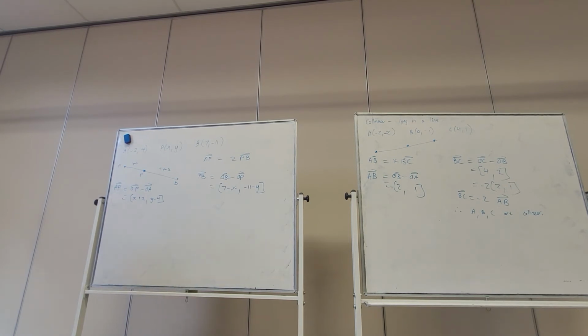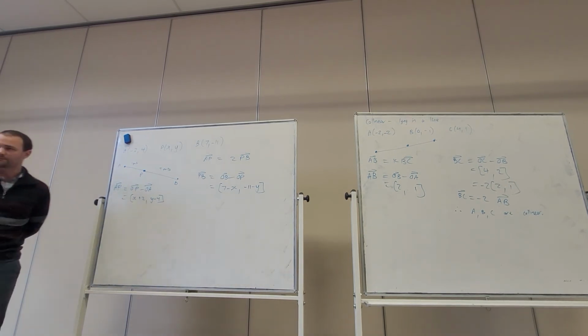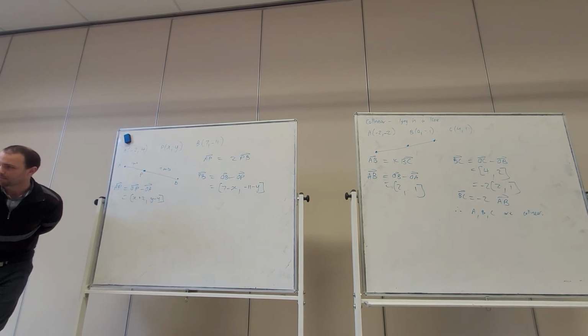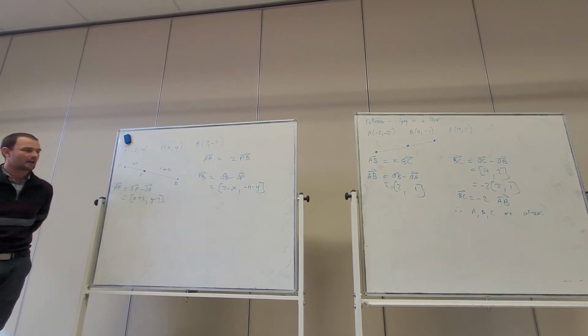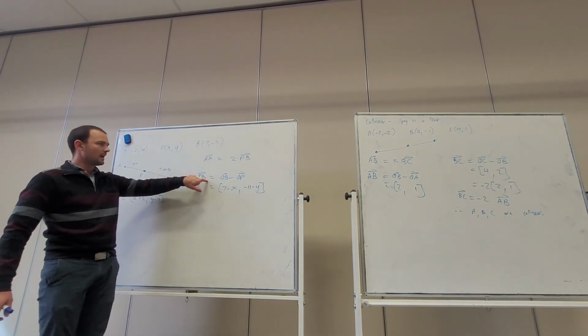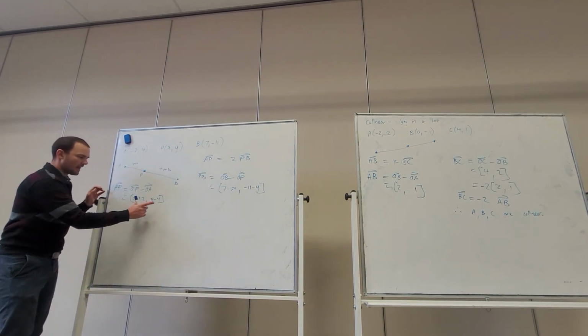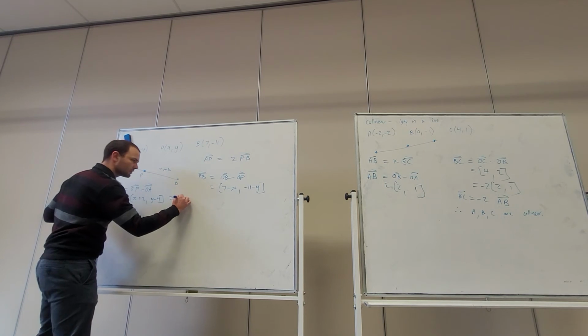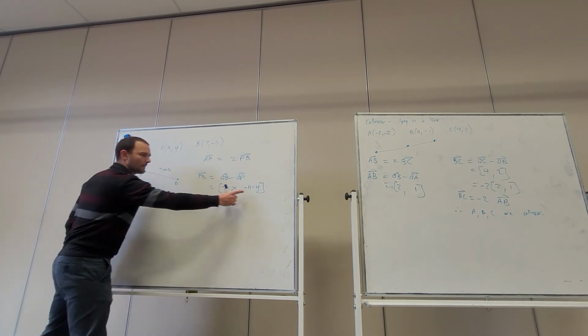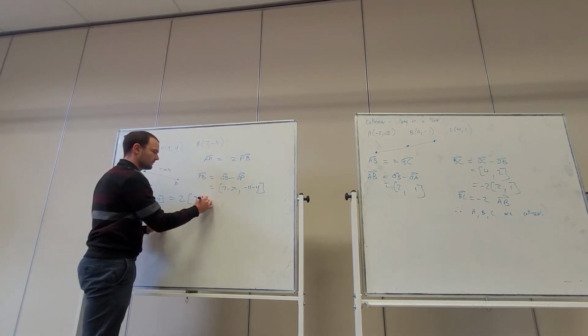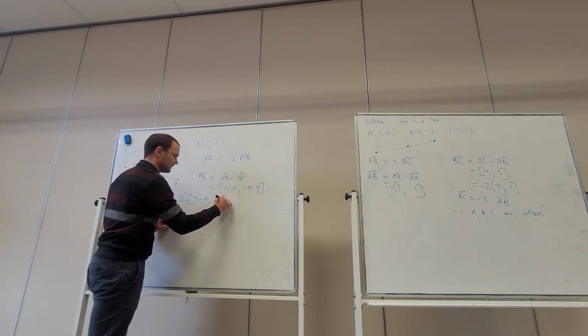Be 2 AP equals PB, wouldn't it? Yep, so we've got both AP and PB now, you're correct. We've got AP and PB, and this is the link we're making. So we need to make that statement that AP equals 2 times PB, 2 times this one, 7 take x and minus 11 take y.